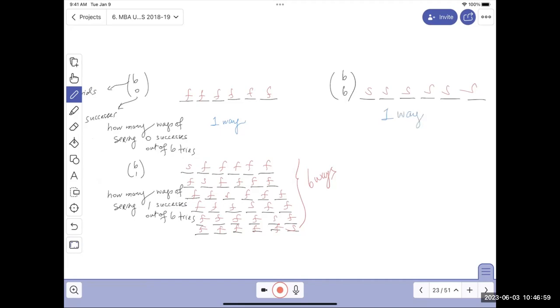So that's one way, and that's why we get that symmetry. 6 choose 0 is 1, 6 choose 6 is 1. And in fact, in general, n choose 0 is equal to n choose n, which is only one way, because there's only one way to see no successes or no failures.